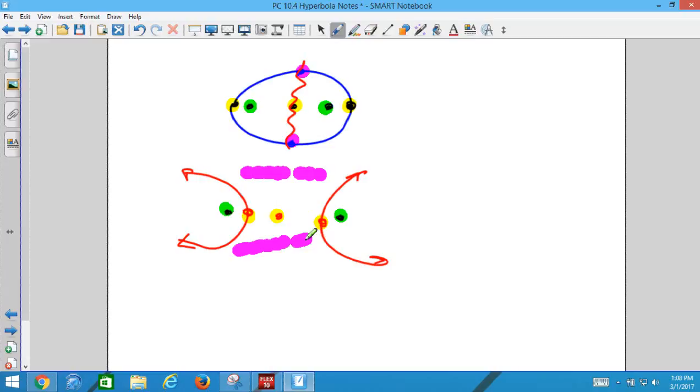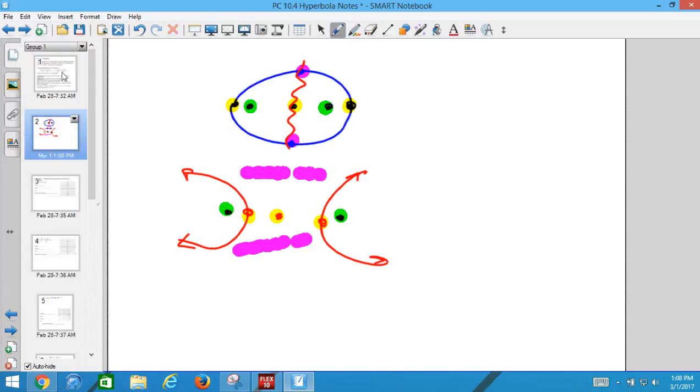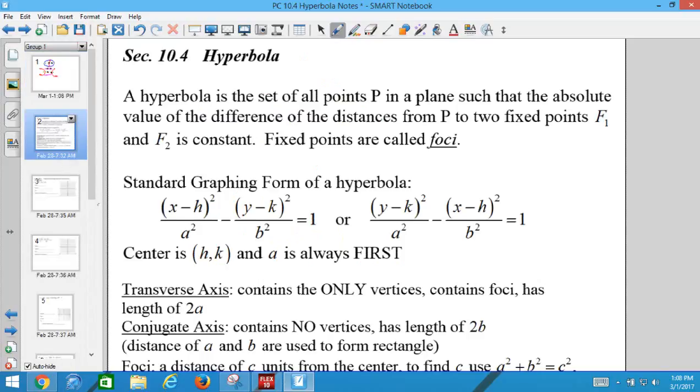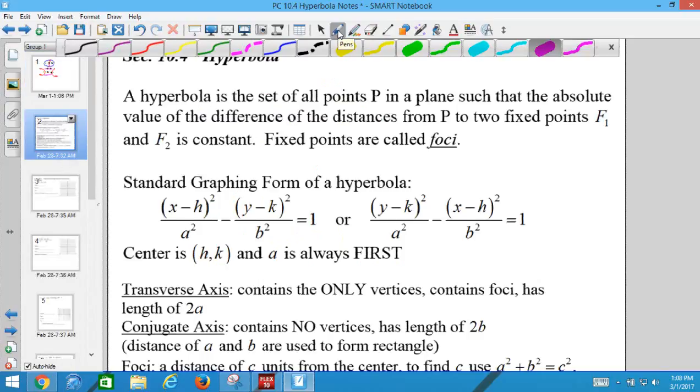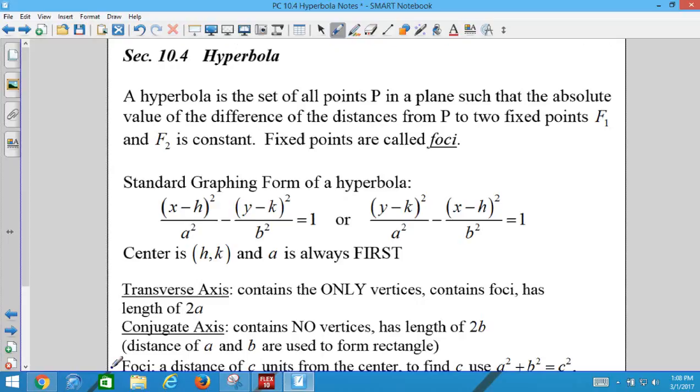So in the equations, in the first page, in all of that information, there are some new vocabulary terms: the transverse axis and the conjugate axis. The transverse axis is like the major vertices, and the conjugate axis is like the minor vertices.